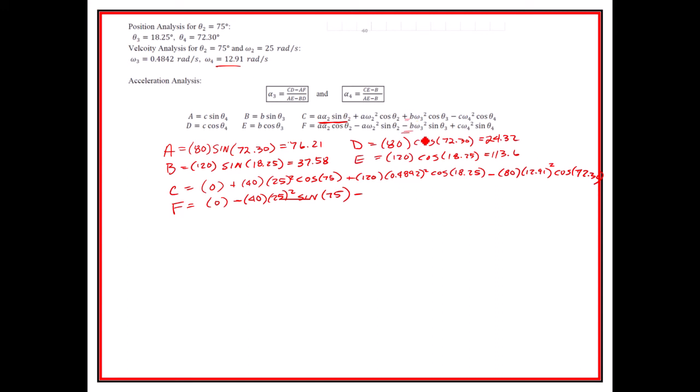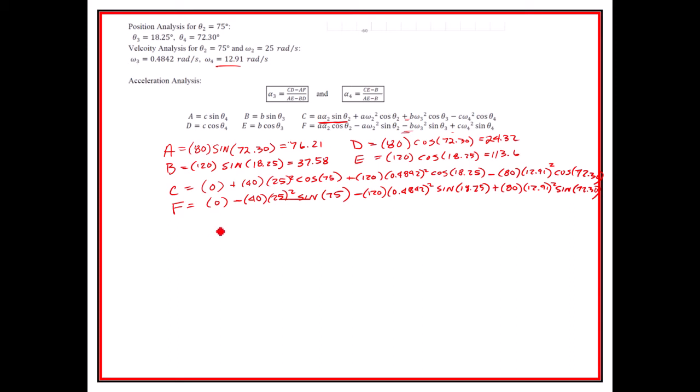There's a minus versus the plus of our 120 times 0.4842 squared sine of 18.25. And then the last one, that's going to be a plus right there. So that goes 80 times 12.91 squared sine of 72.30.